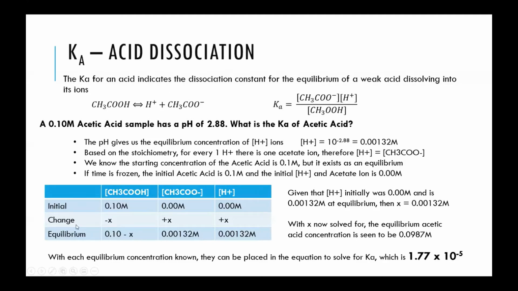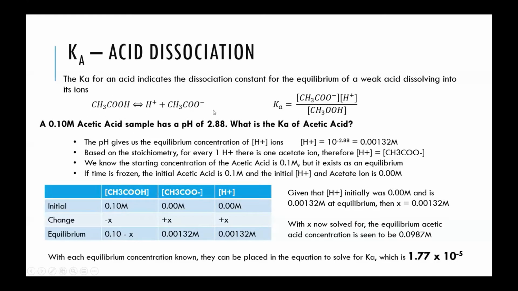So the change is dictated by Le Chatelier's principle. Which direction is this equilibrium shifting? Is it going to make more products, or is it going to make more reactants? And this is where the change value of either subtracting some amount or adding some amount comes into play.